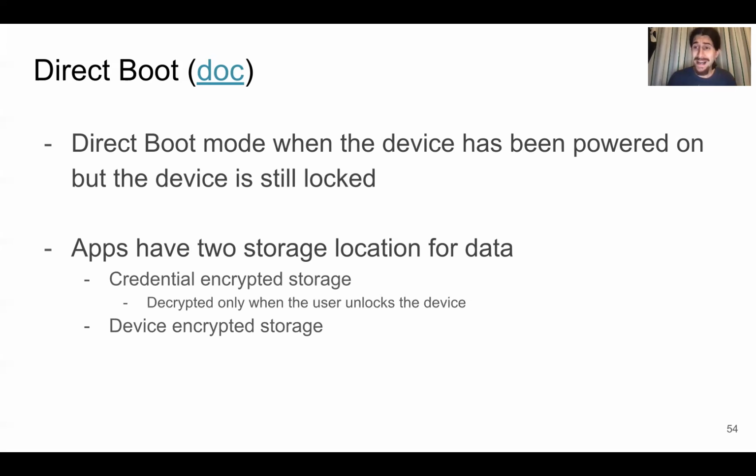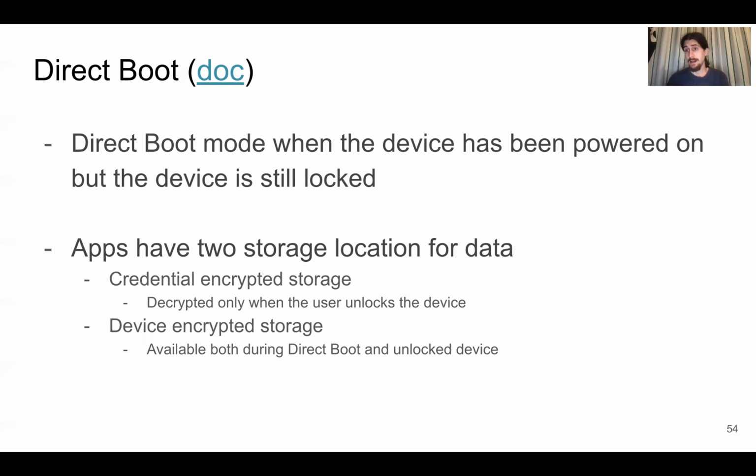Then you have device encrypted storage, which is available both during direct boot and on a locked device. Device encrypted storage means somewhere on the device there is a key, which is difficult to extract if you steal the phone, and that is used to encrypt this other portion of the file system. So again, recap, there are two different ways of encrypting things: credential encrypted storage, encrypted with the user password; and device encrypted storage, which, if you boot up the phone, is going to be unlocked.